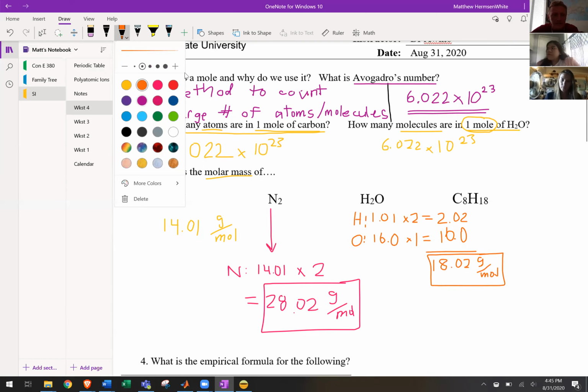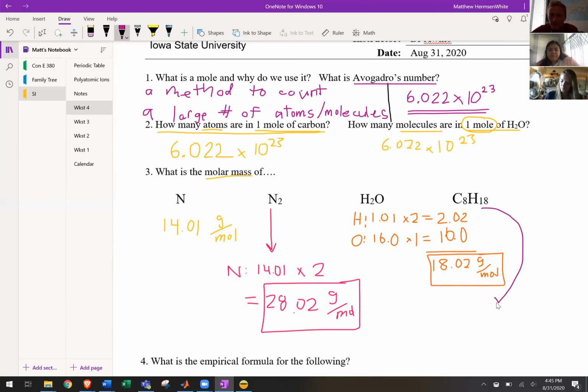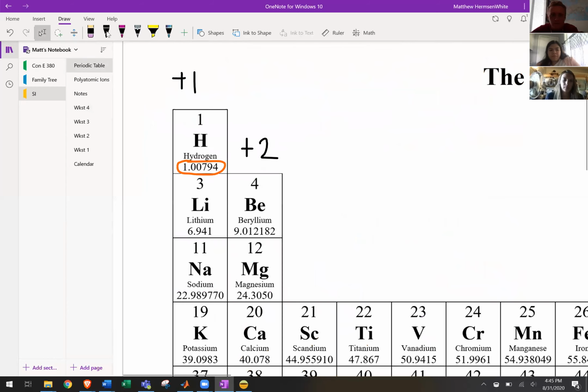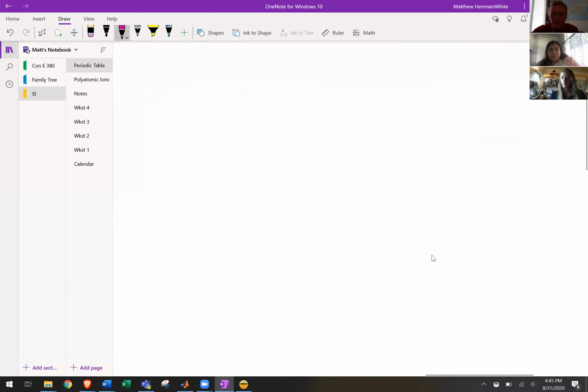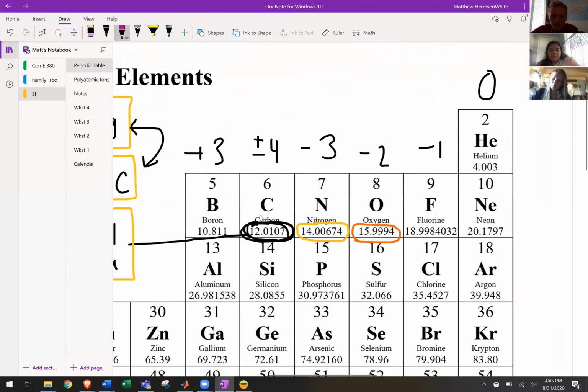And lastly, we have, I forget what this is. Maybe this is propane, something like that. So we have carbon and we have hydrogen. So carbon on the periodic table, look for carbon. Carbon's over on the right side. So carbon is 12.01.